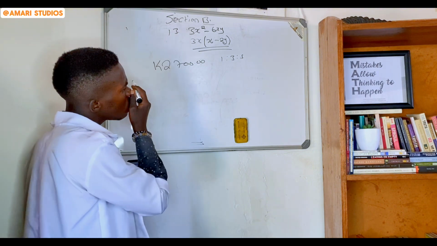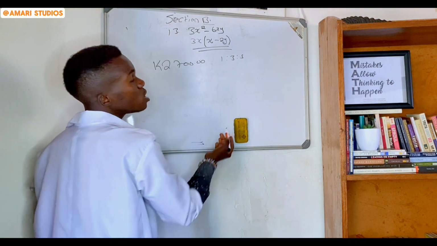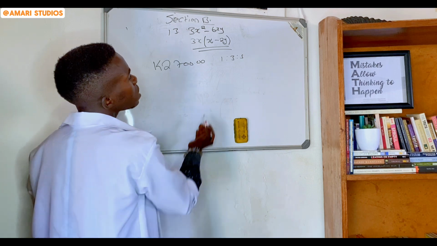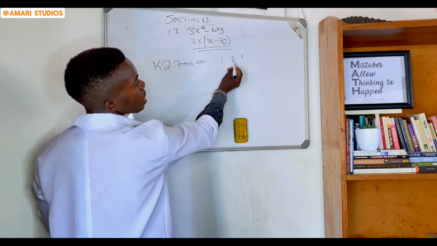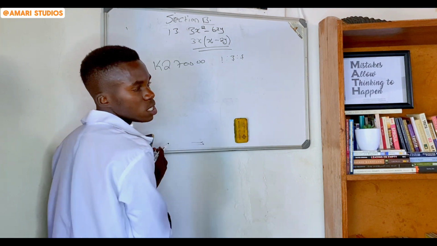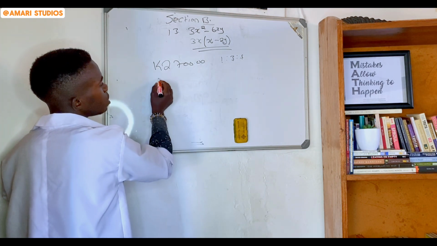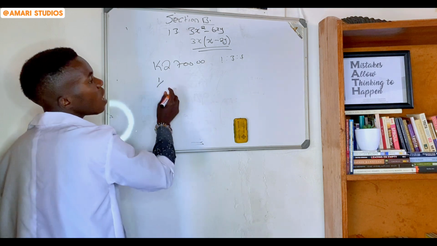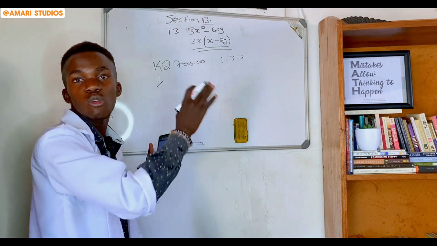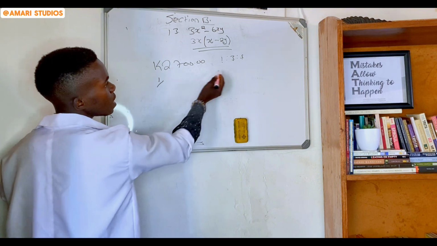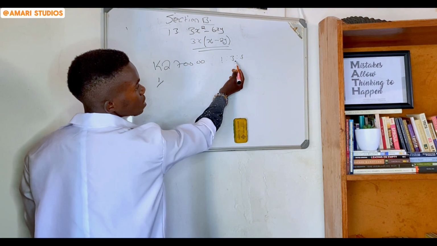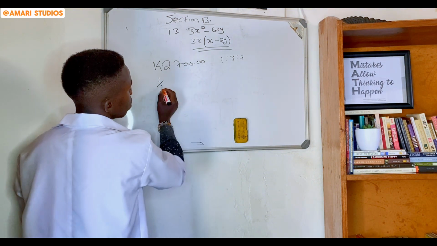So now, how are we going to do that? Using this ratio is going to help us to determine what the first girl got, the second girl got, and the third girl got. So now, we say the ratio of the first girl, which is 1, over the total ratio, which in this case is 1 plus 3, it is 4, plus 5, it's going to be 9.